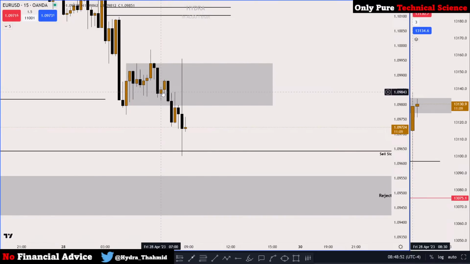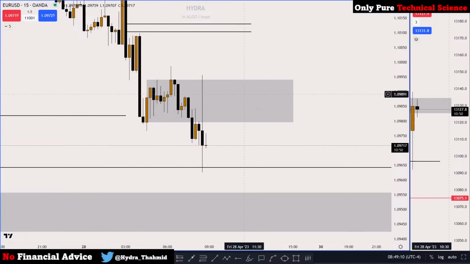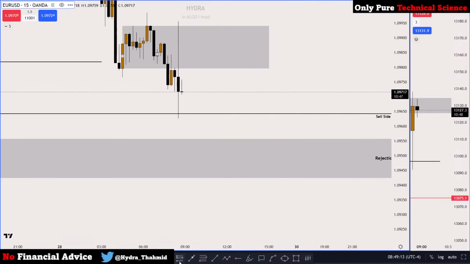No, it respected it. If I put a line here and extend it out on time, you'll be able to see that this candle right here opened lower, then this candle right here respected this order block. So on dollar, price is respecting order blocks and fair value gaps. Euro USD. Why am I saying dollar? Oh my god. So the drawn liquidity is on this rejection block right here.